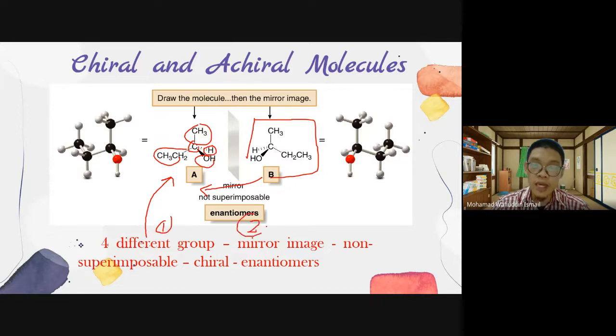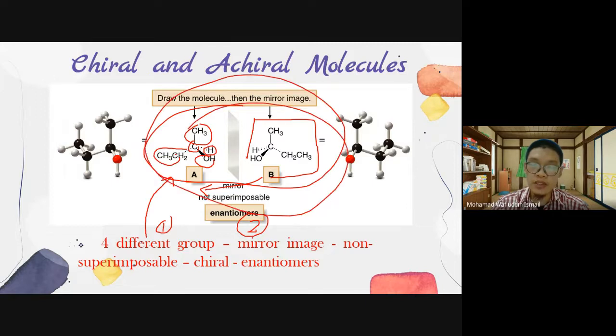Next, we look at the mirror image, whether it is superimposable or non-superimposable. If non-superimposable, it is chiral, and then these molecules are enantiomers. Remember, enantiomers must have both A and B.